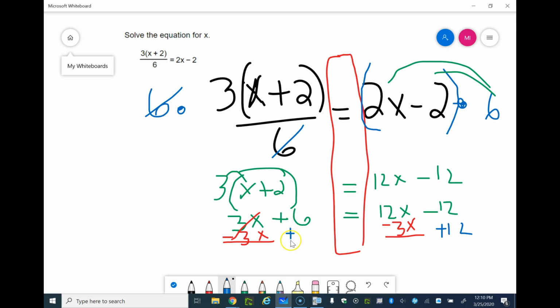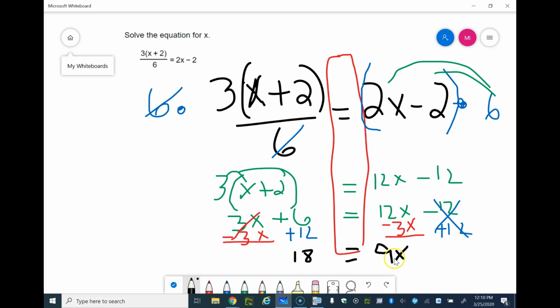It's kind of like a swing action: once you move one thing over, you have to take something else on this side and move it over here. So that way this side over here, they cancel out. So 6 plus 12 gives us 18, equal to 12 minus 3, which in this case gives us 9.